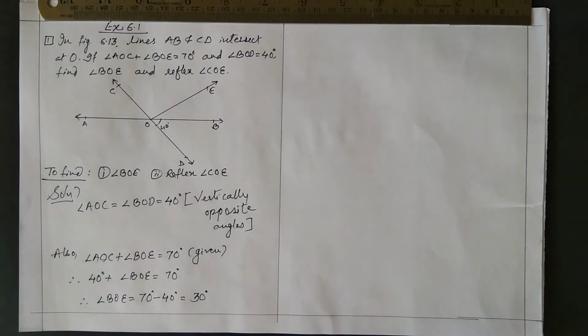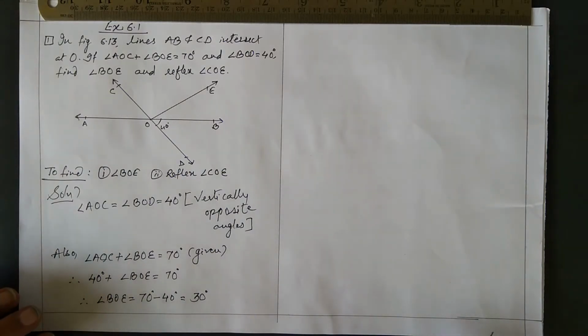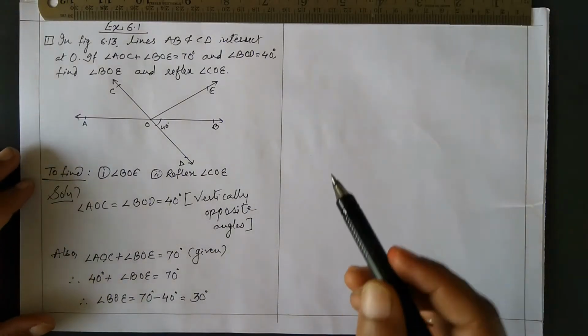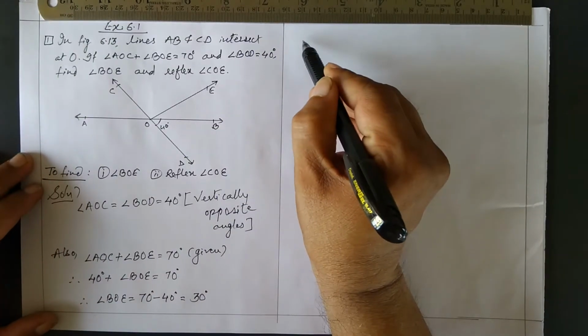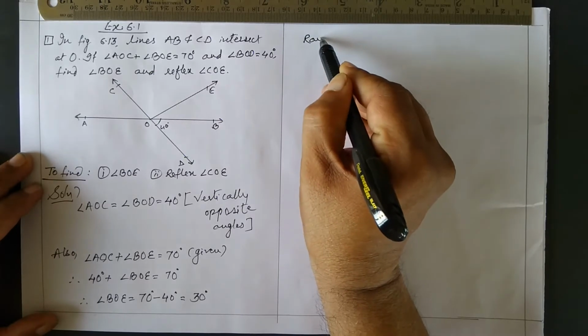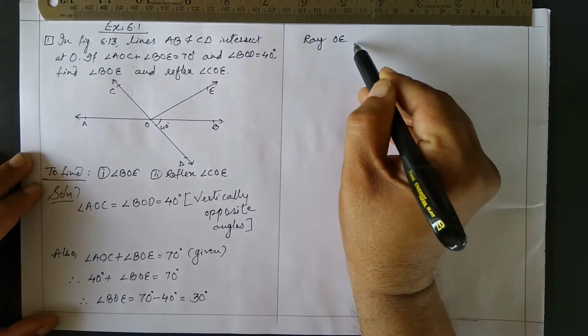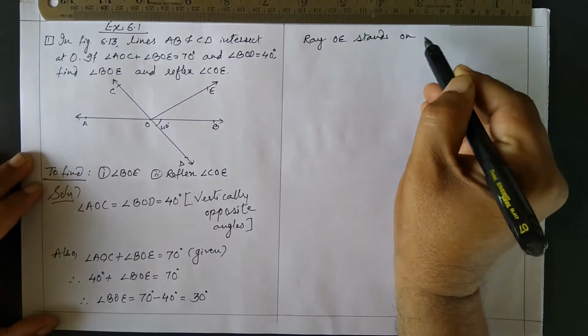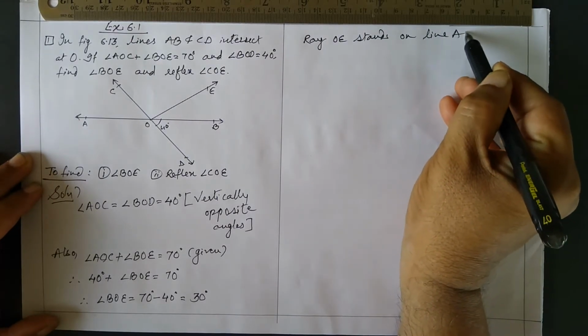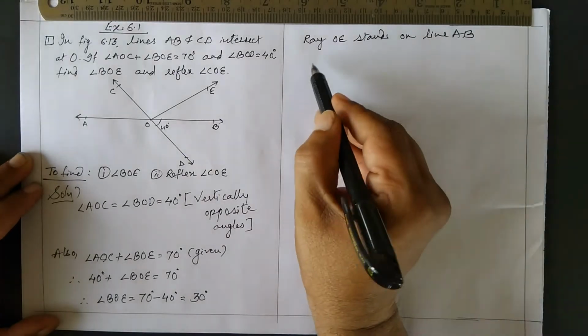Now what you want to find, अभी आपको रिफ्लेक्स एंगल COE निकालना है, लेकिन उसके पहले आपको एंगल COE निकालना ज़रूरी है. Now I will write here, see carefully. Ray OE stands on line AB.